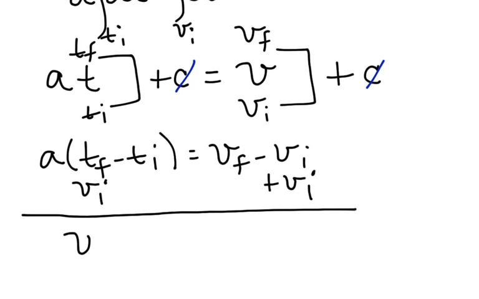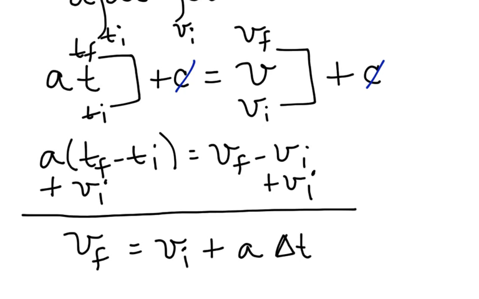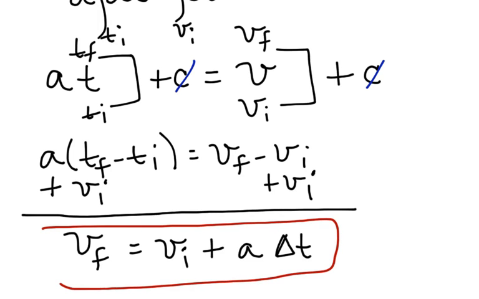I get v sub f is equal to v sub i plus a delta t. So this, folks, is one of our kinematics equations derived from calculus.